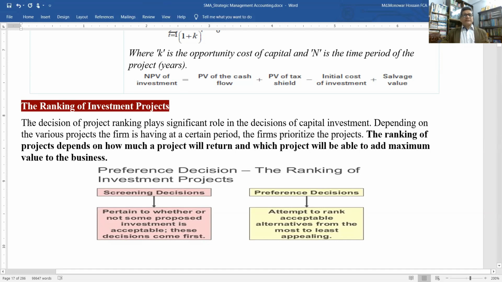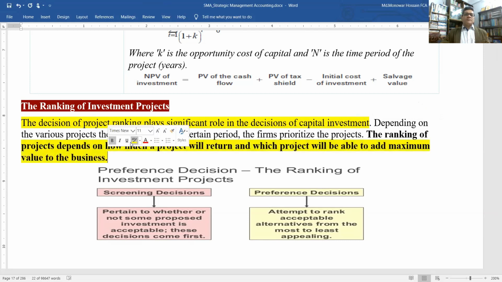The decision of project ranking plays a significant role in capital investment, because depending on the various projects the firm has at a certain period, the firm prioritizes the projects. The ranking depends on how much a project will return and which project will maximize the value of the organization.